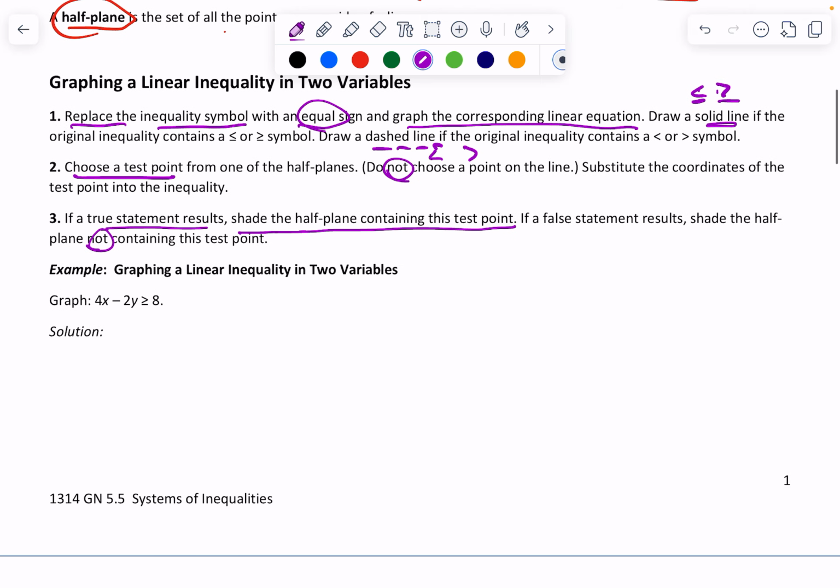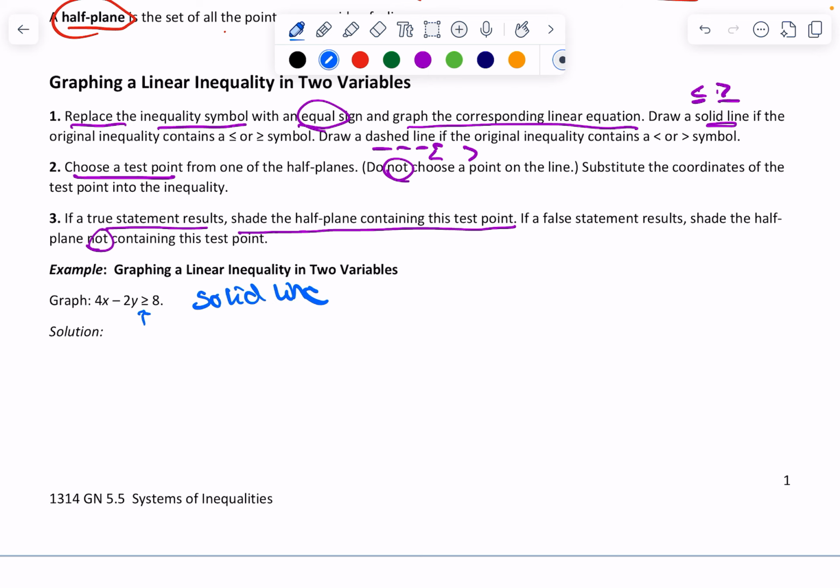All right, so we have an inequality here: 4x minus 2y is greater than or equal to 8. The first thing I like to do is make sure that when I'm drawing the line, I'm drawing the correct type, either solid or dashed. This has the equal sign, so the line is going to be a solid line.